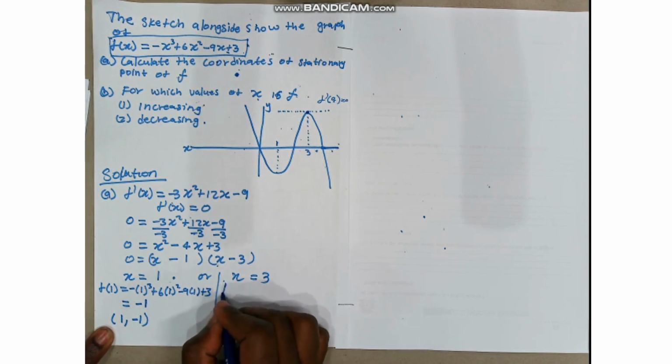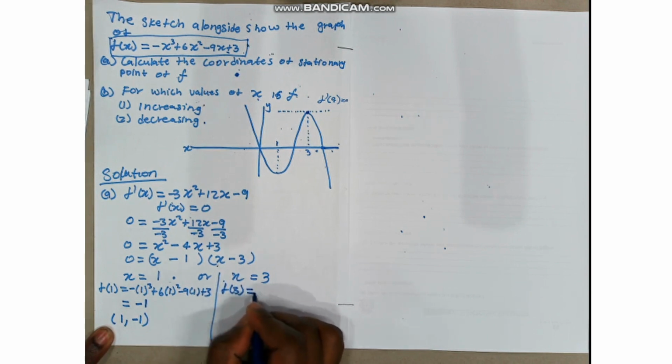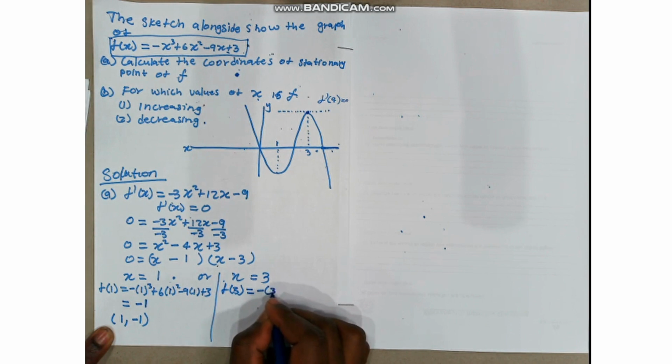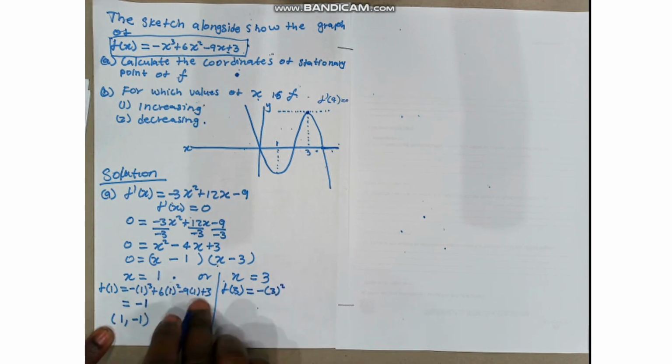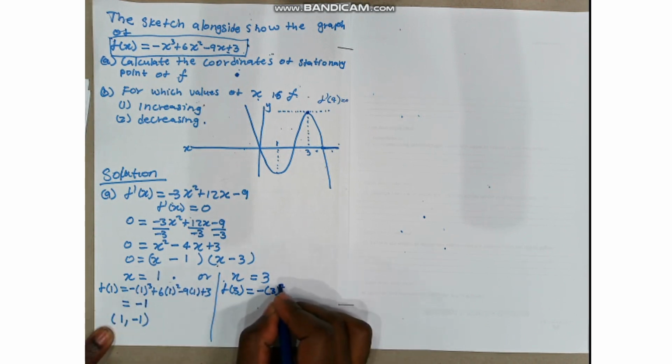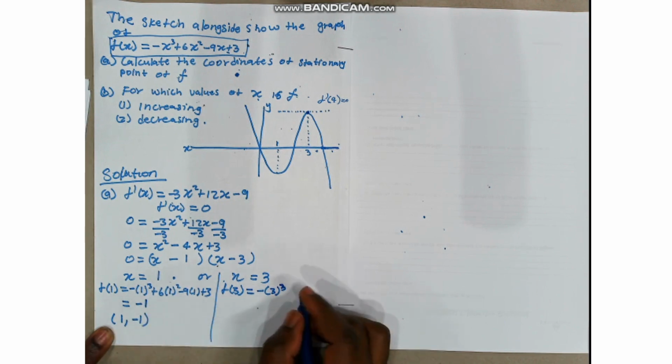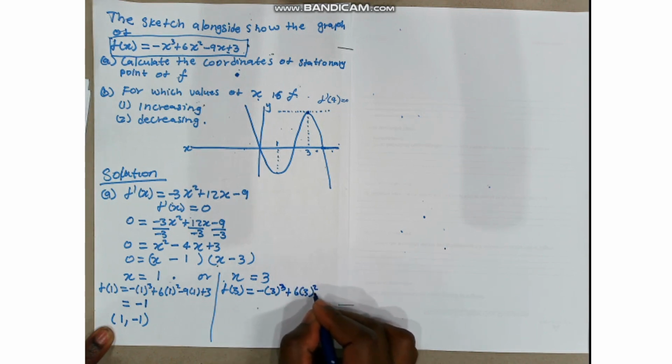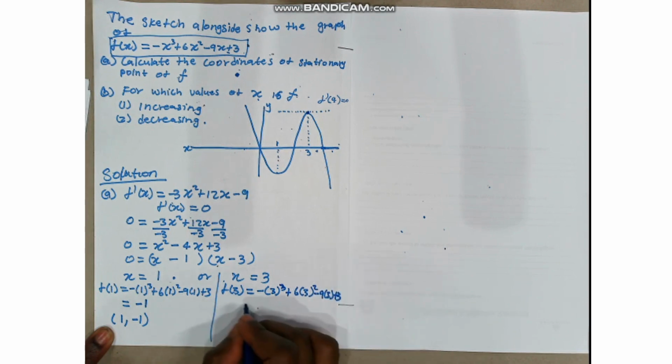When we substitute 3 again, you can punch your calculator to confirm. 3 cubed plus 6 into 3 squared, and then minus 9 into 3 plus 3.